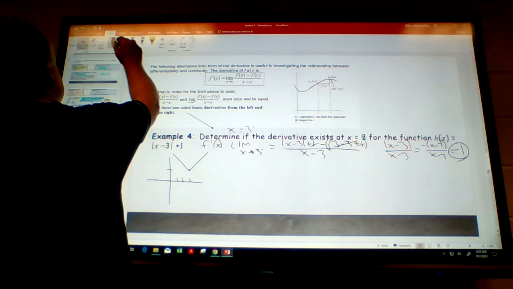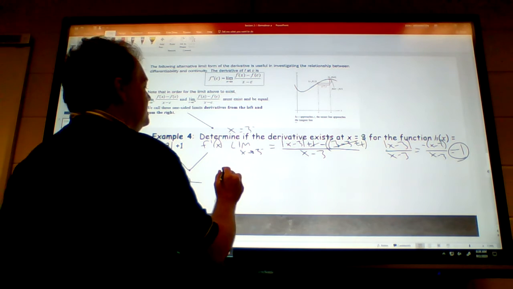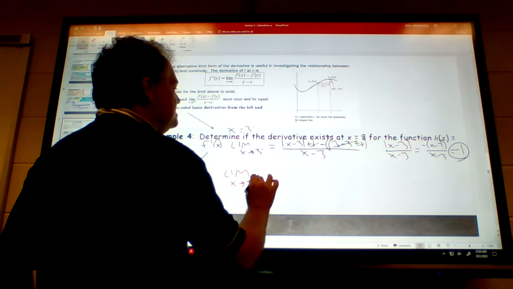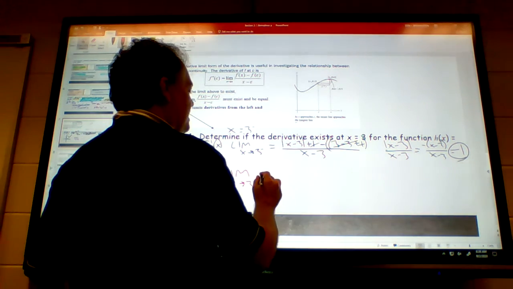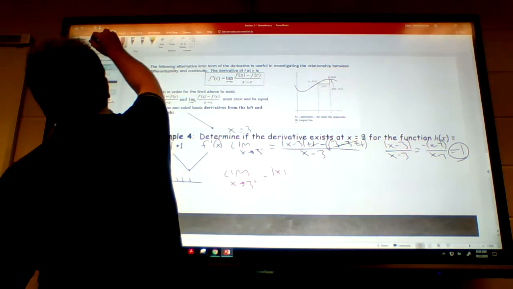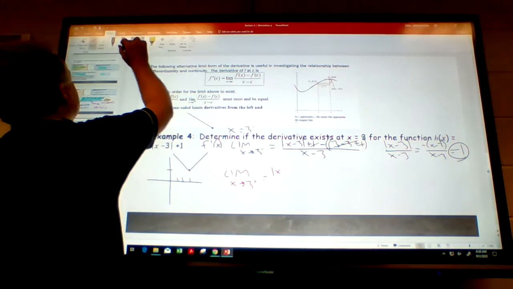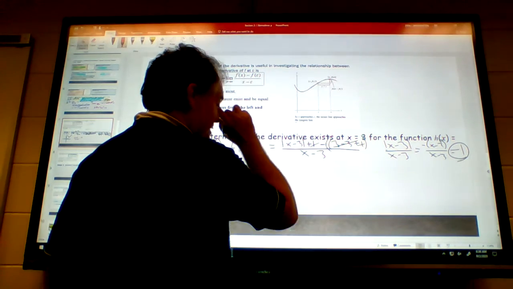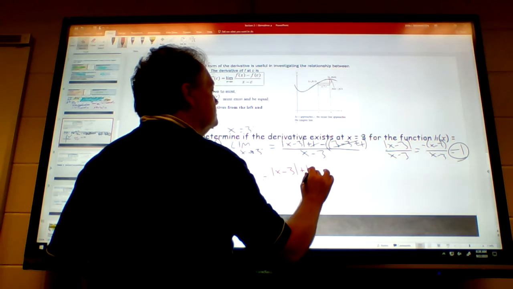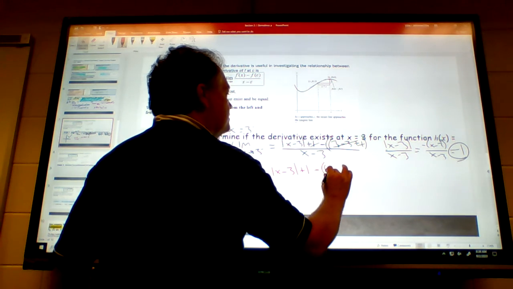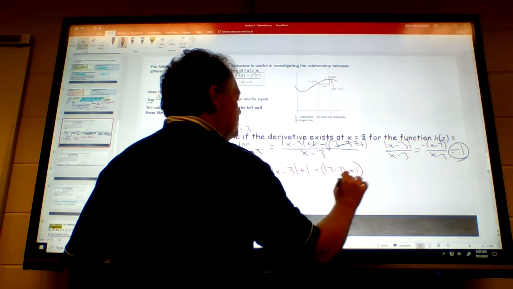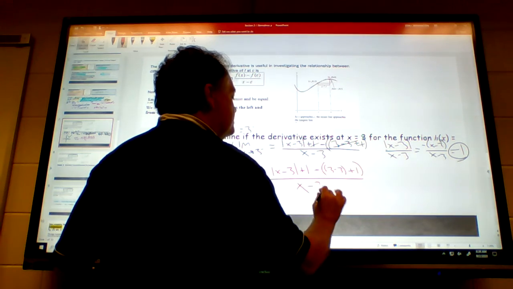Now, if I switch this up and I say the limit as x approaches 3 from the positive side, I'm going to do the exact same thing that I did here. So it's going to be x minus 3. Sorry, I'm thinking faster than I can write. I do that sometimes. So minus, in this case, 3 minus 3 plus 1 all over x minus 3.